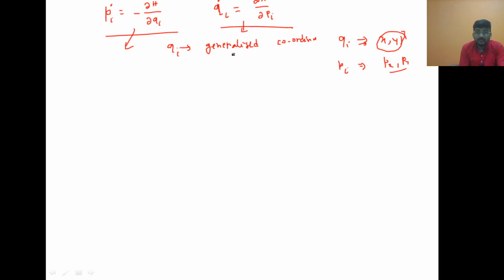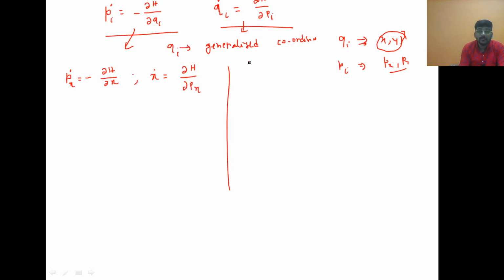If we talk about the x coordinate, there will be px dot equal to minus del H by del x, and x dot equal to del H by del px.